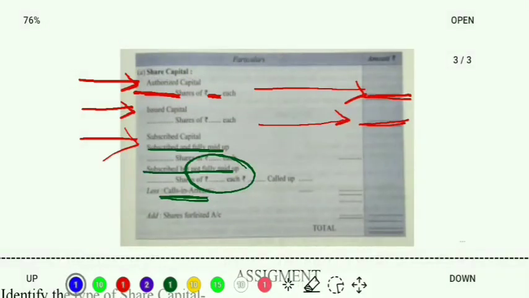Okay, now I hope you can see two small lines over here. What are we going to write in the first dash? In the first blue dash we will write how much amount is actually called up, means how much amount is actually asked by the company. Okay, and in the second dash we are going to write how much amount is actually uncalled by the company.